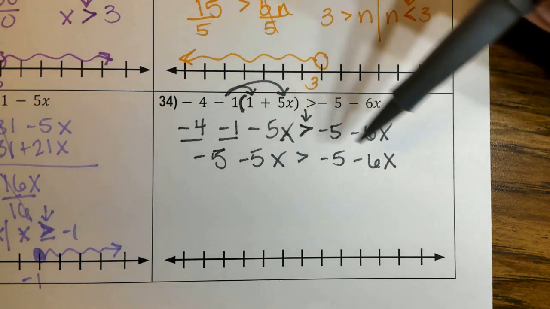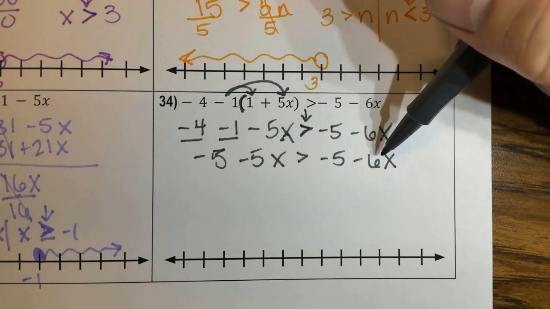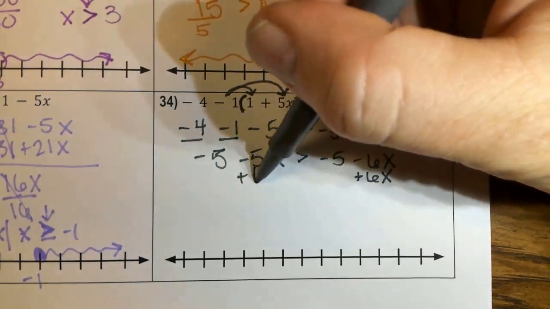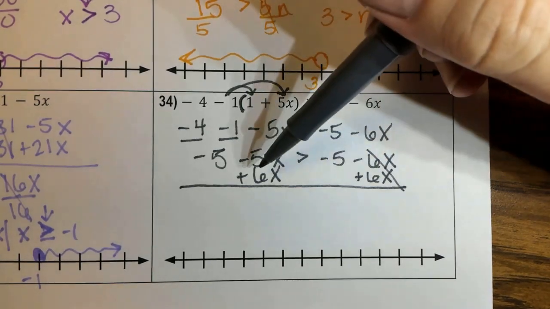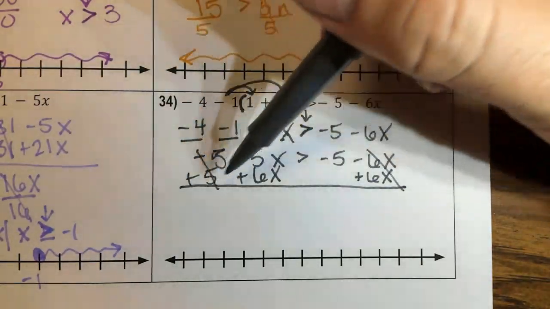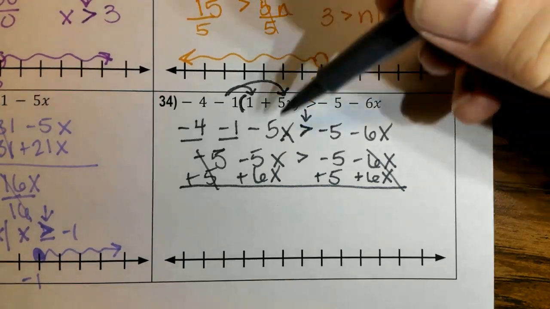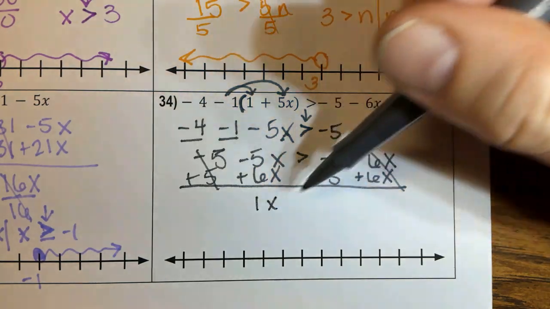So now I need to move my x's to the same side. Between my two x's, the -6 is lower or smaller, so I'm going to move that one by doing +6. And because my x went left, my number goes right. Okay? So I have 6, +6 minus 5 gives me 1x.